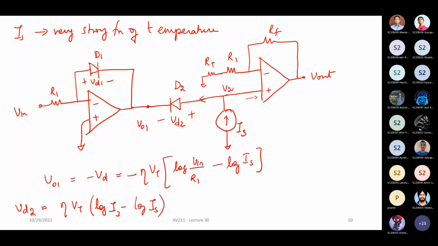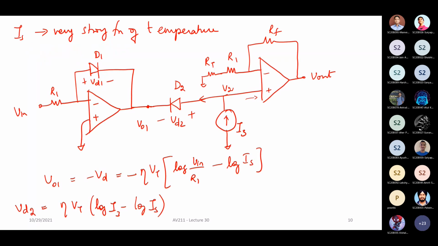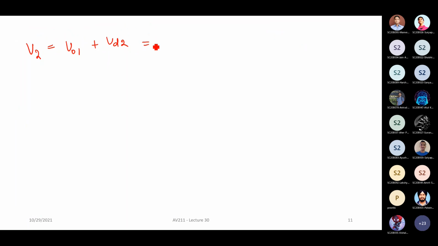So now, if you write the voltage V2, V2 can be written as V01 plus VD2. V01 is this to ground, and this is VD2. So what is V2? V2 can be written as minus eta times VT log of V in divided by I3 times R1.